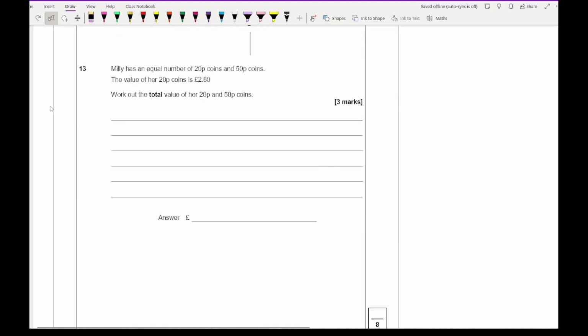Question 13, it says Millie has an equal number of 20p and 50p coins. The value of her 20p coins is £2.80. Work out the value of her 20p and 50p coins. So in terms of this, what we want to do is £2.80 divided by 0.2 to find out how many 20p pieces she actually has.